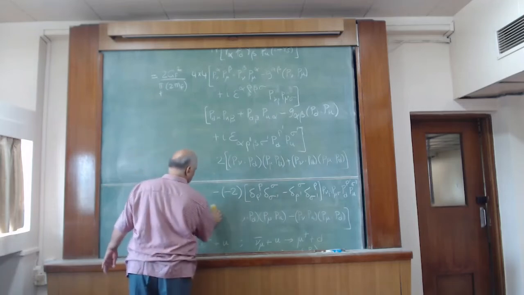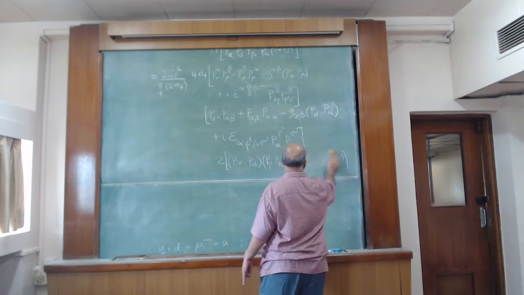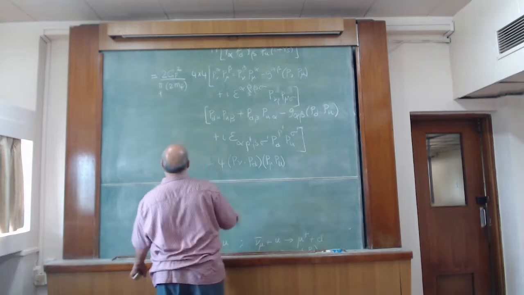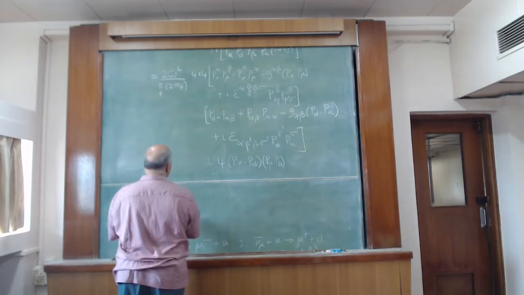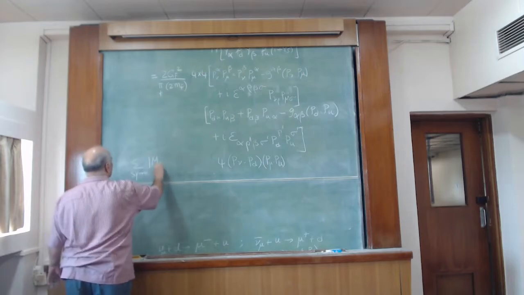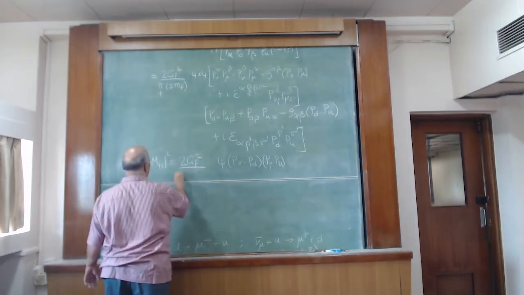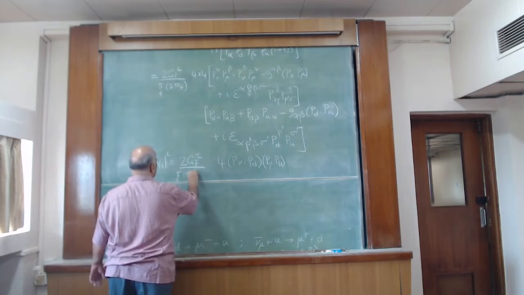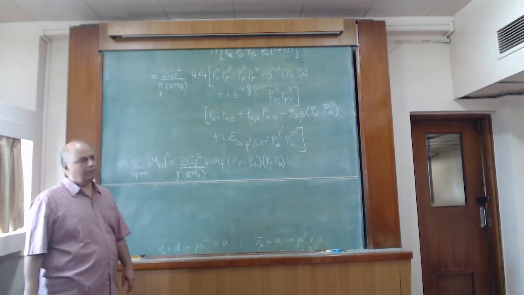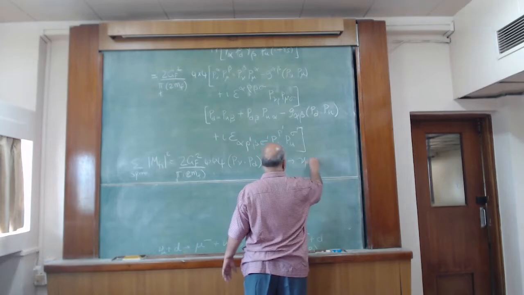So this sum over spins of the matrix element square is 2 G_F square by the product of these times 4 into 4 into 4. This is for mu d scattering.